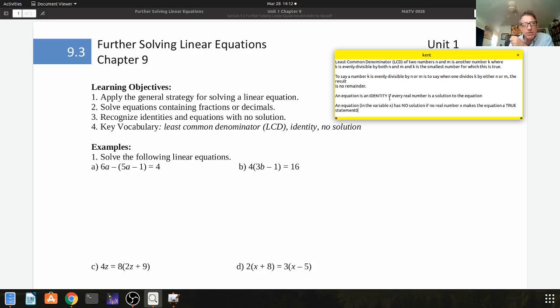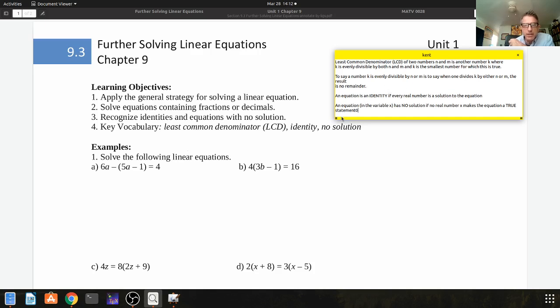That means when you divide k by n or k by m, you have a remainder of 0. And it's the smallest such number for which this is true. We talked about finding the least common denominator before, and I will make a video showing you how that's done so you can go back and review it anytime you wish.